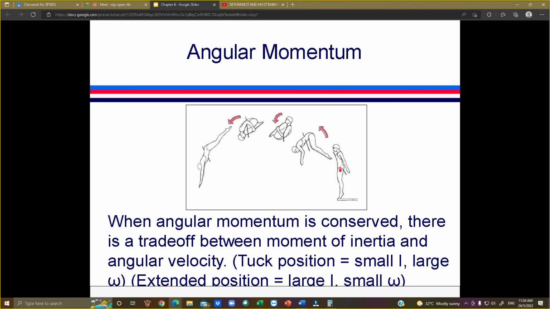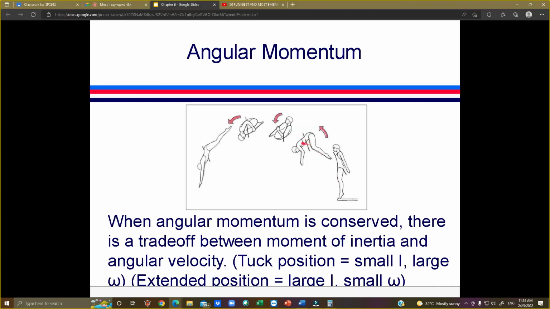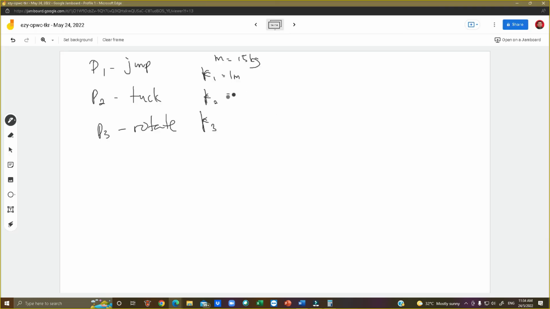Let's say this radius we take as 1 meter. This is phase 1, equals 1 meter. Phase 2. In the tucking process, from the middle to the COG, we assume that it is around 0.6 meter and the last one is 0.3 meter, 30 centimeter.